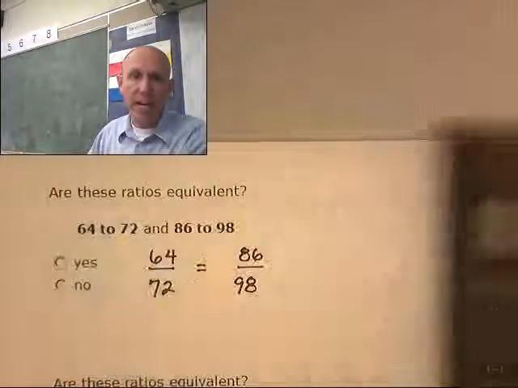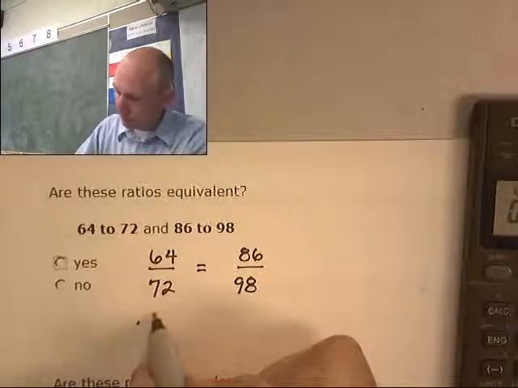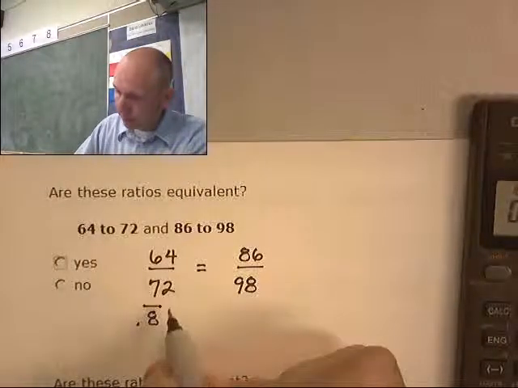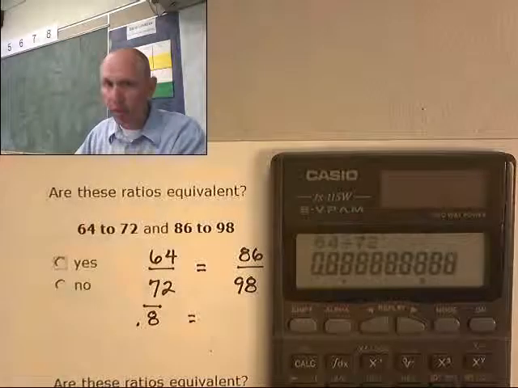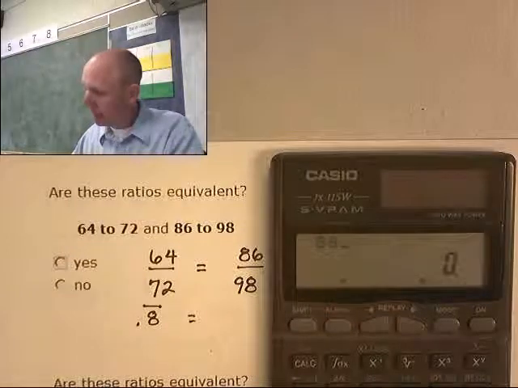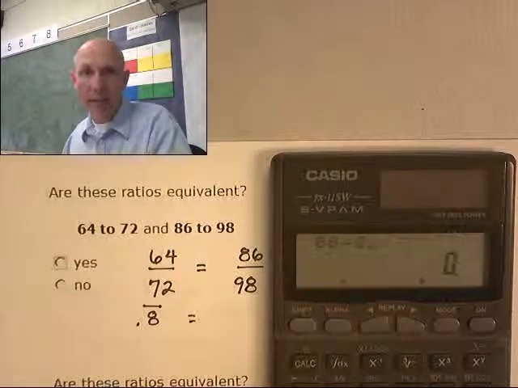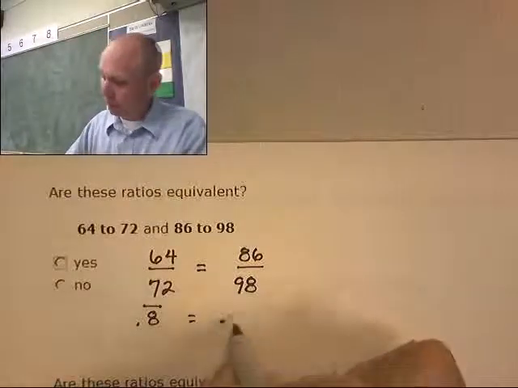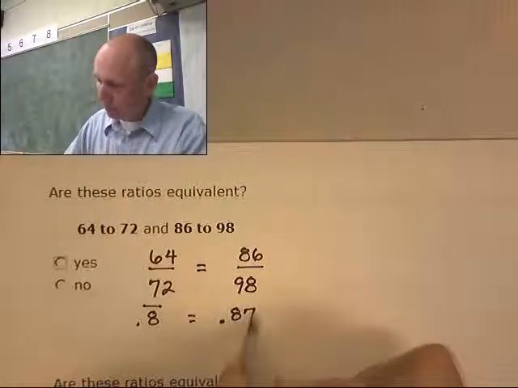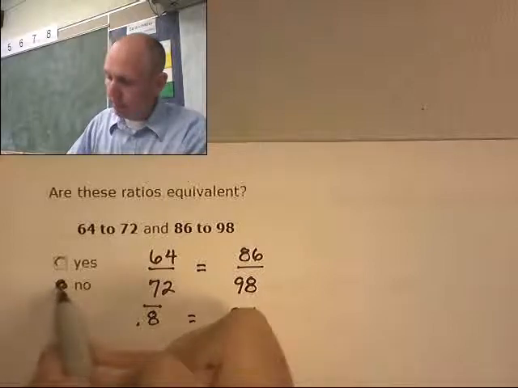Oh, you can't see that. 0.8 repeating. Is that the same as, let's try this other one, 86 divided by 98. Oh, it's 0.87. These are not the same. They are not equivalent.